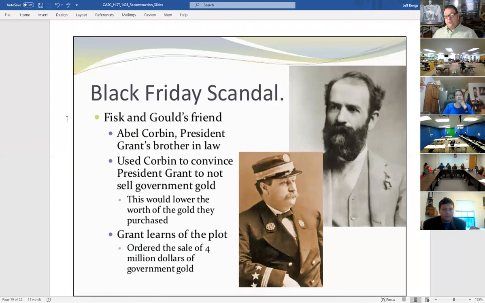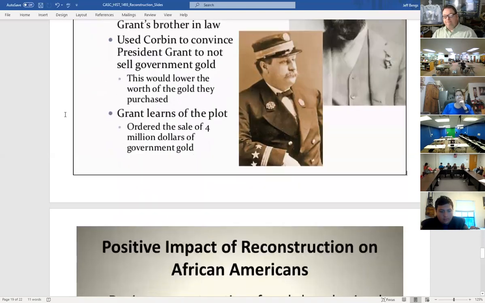And their plan was working until President Grant and his honest leaders finally caught on to what was going on, and they were able to put a stop to the scheme. These two men were going to try to jack up the prices of gold and make a lot of money off of it. But Grant and his good leaders were able to stop it. And this caused many people to lose a lot of money.